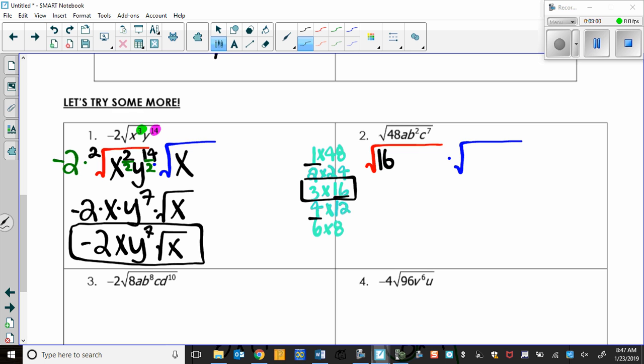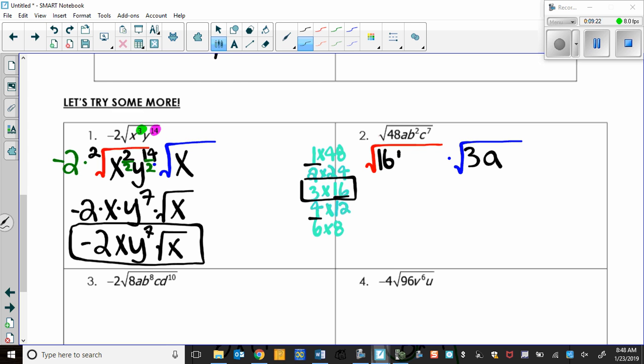And my 3 is going to be in the second radical. Now remember, if you have an even exponent, we're going to place those inside the first radical here. So a, unfortunately, is not even. That's an odd number because it's a to the 1st. So I'm going to put that in the blue because there's nothing I can simplify. It's already simplified for me.